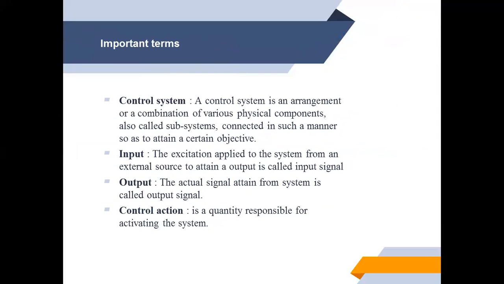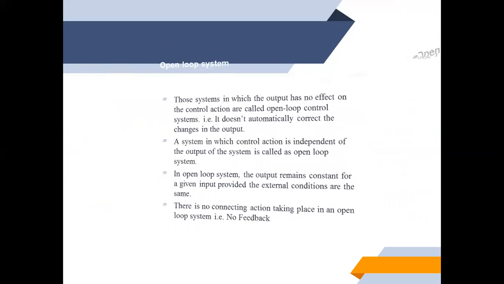Input is nothing but the excitation that we apply to the system, called the input signal. Output is the actual signal that we attain from the system, the output signal. The control action is a quantity responsible for activating the system.